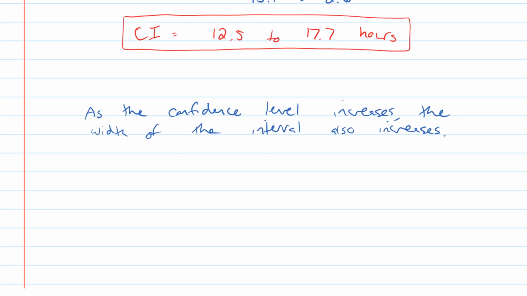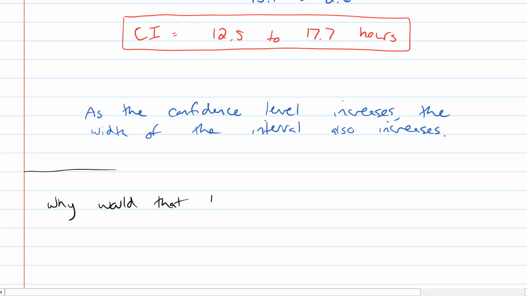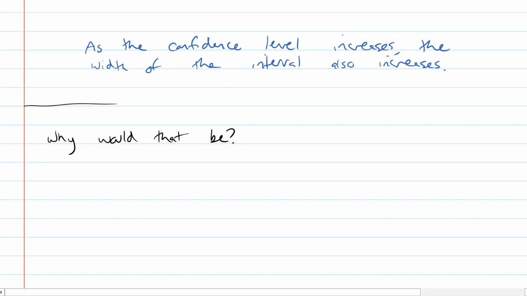And so that's answered our question, but a good thing to ask is, why would that be? So you can imagine that, suppose you have a bunch of data points, and you've decided that the mean of those data points is 15.1, and you're trying to determine where the mean is, and you're making a guess. Well, you could say, I'm pretty sure that it's within this interval.